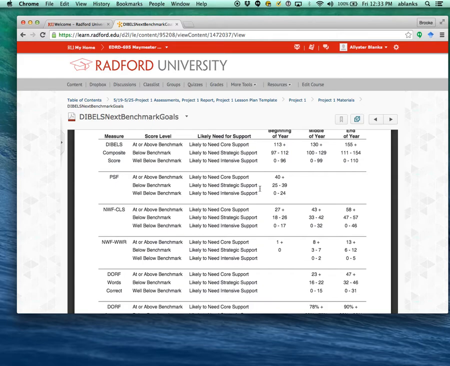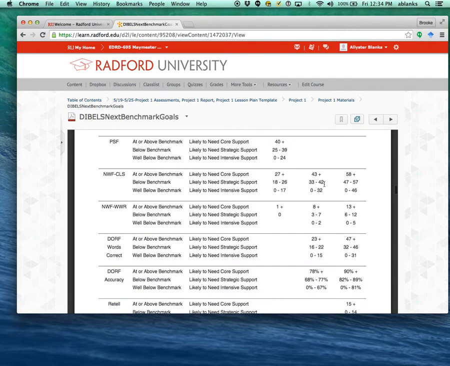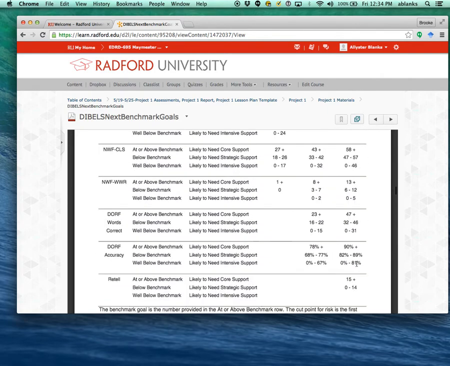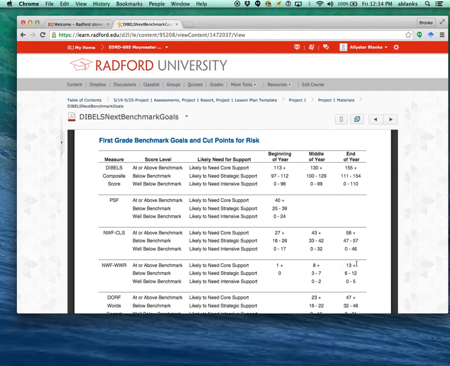So if you have a first grader at the end of the year who is only reading 26 correct phonemes per minute, then we know that this is a student who really is in trouble, because he or she would have been in trouble at the beginning of the year, and we can just report that information. You'll use end of the year for nonsense word fluency, correct letter sounds, nonsense word fluency, whole words read. You are not going to be administering the oral reading fluency for your Project 1 kid. So these are the 3 scores right here, and right here.